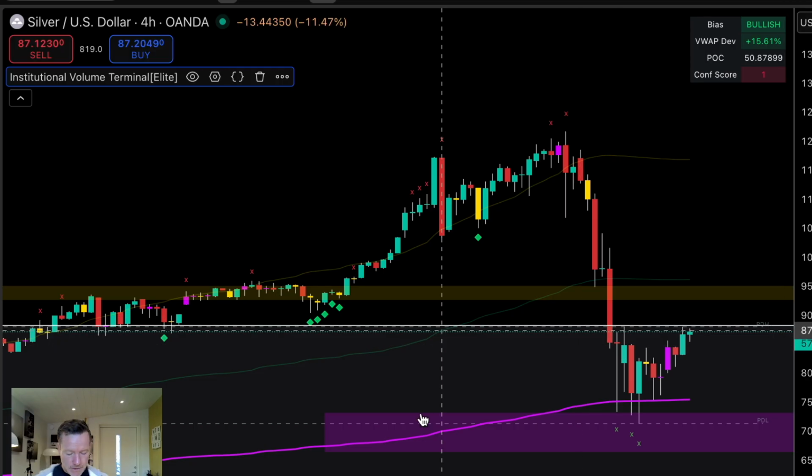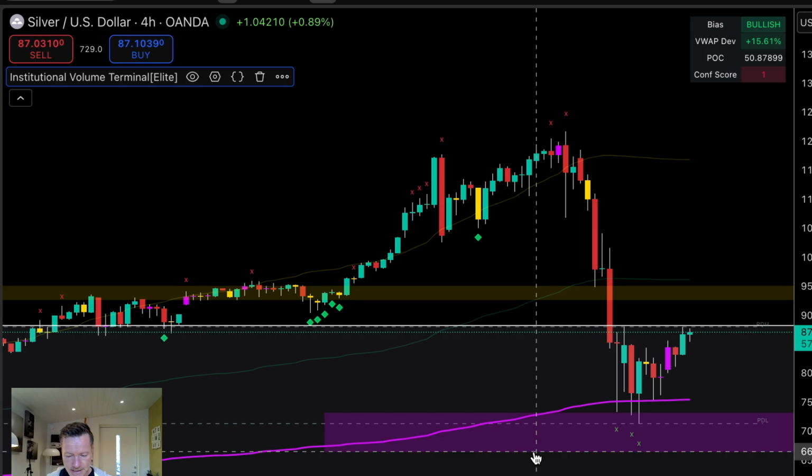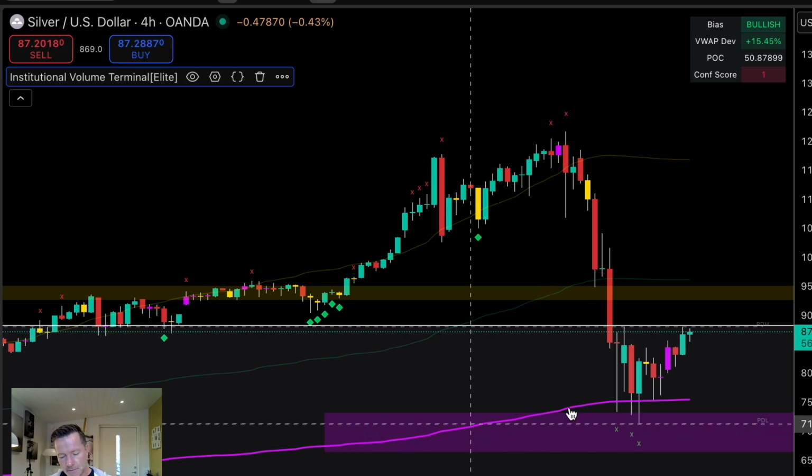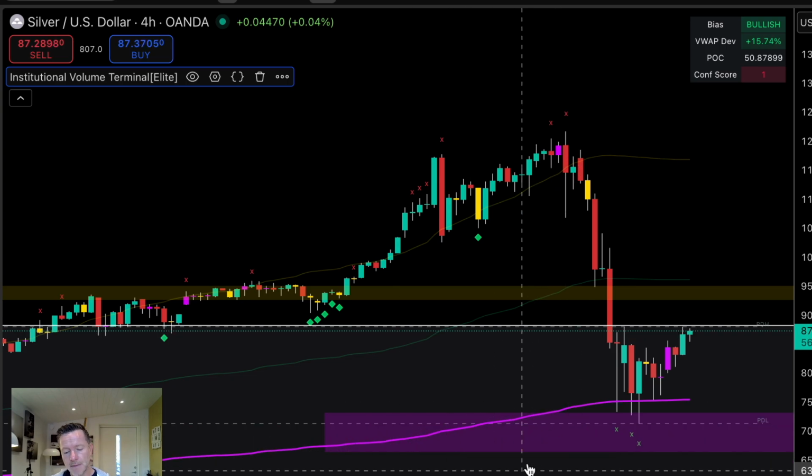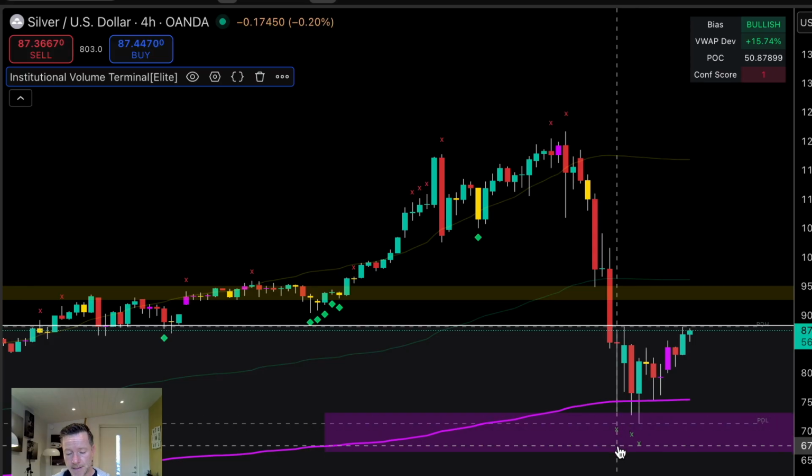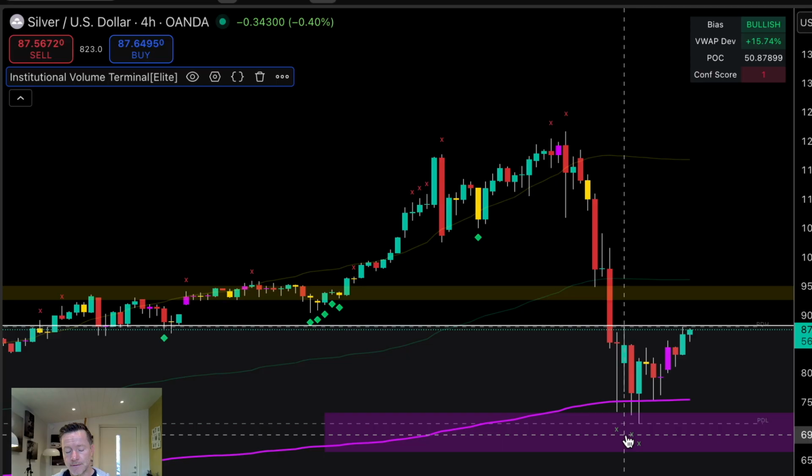And I also added something I call the IVT magnet, which is a confluence of AVWAP, the golden pocket and liquidity sweep. When that is reached, a box will appear, which is a very good area to buy. It also has the confluence of a lot of volume.